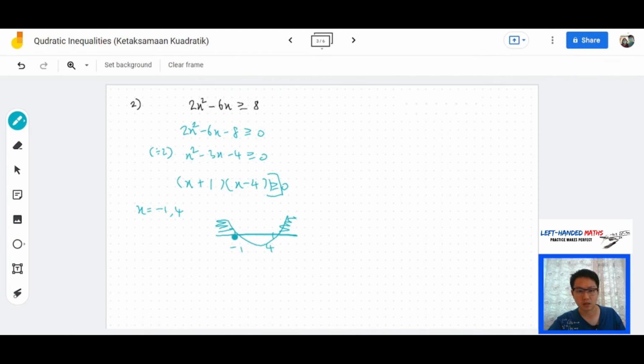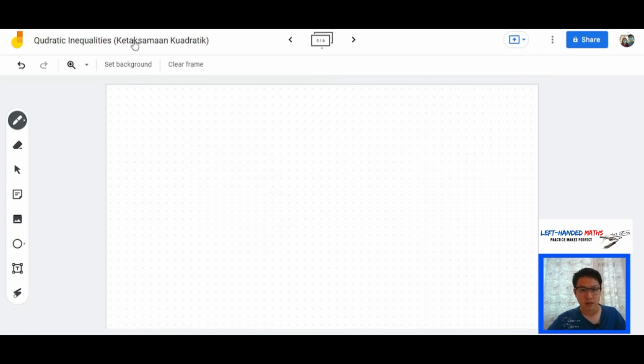Our answer is all x values less than or equal to -1 and all x values more than or equal to 4. When the question is only more than, my answer is without the equals to sign. When the question is more than or equals to, I have to follow the sign.